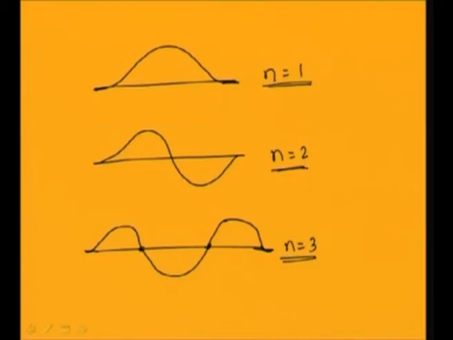So n equal to 1 corresponds to beta L equal to 4.730, the second corresponds to 7.853, and in the third case beta L equal to 10.996.